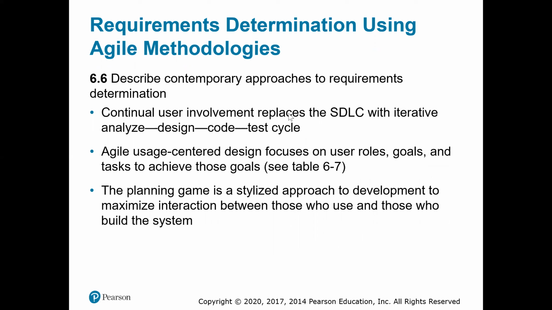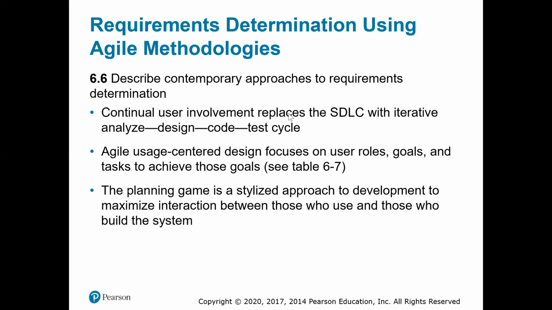Agile methodologies and the requirements determination process are slightly different. There is continual user involvement in Agile, like we discussed. So there's analysis, design, code, test. This is usage centered, right?